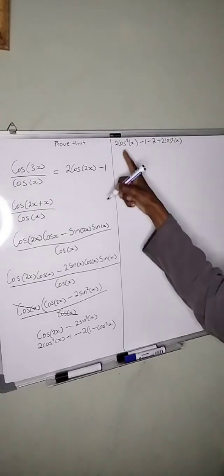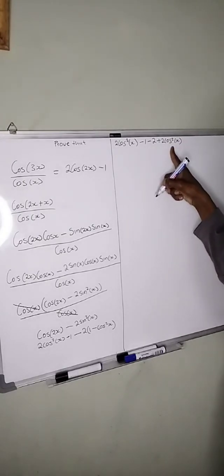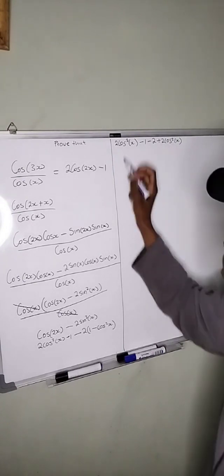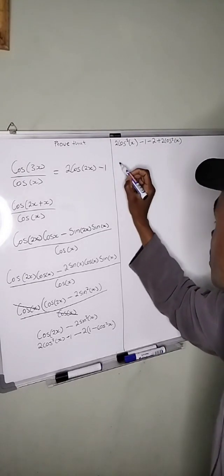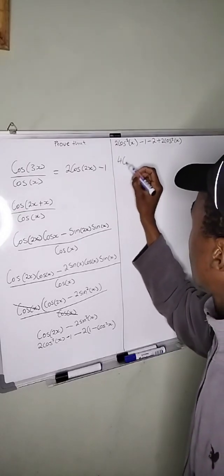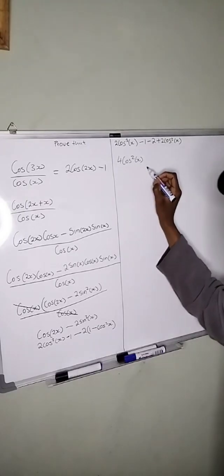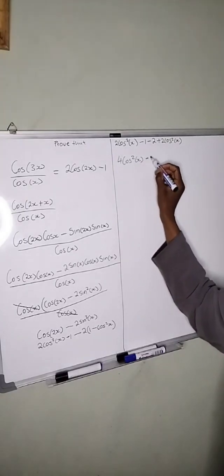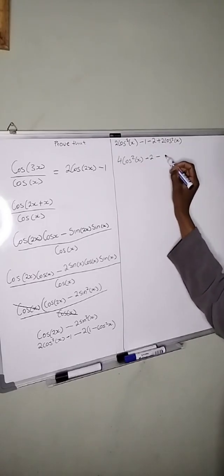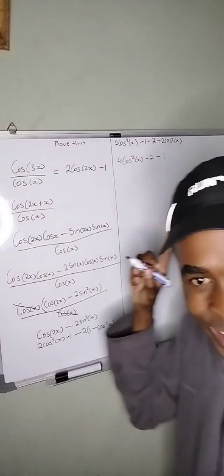I'm going to add these together, so I'm going to have 4 cos squared x minus 2 and minus 1. I didn't add that. You know why?